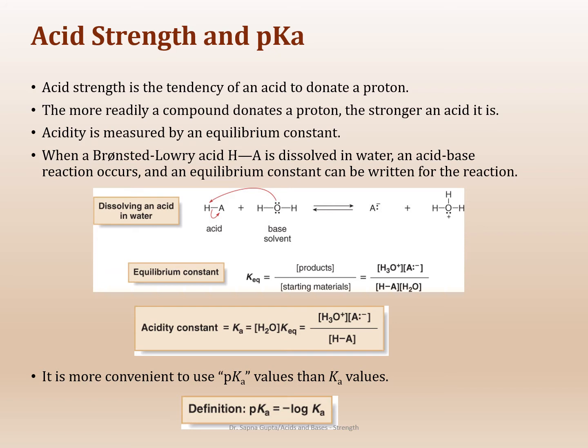And really for an acid-base reaction, the important thing is that the conjugate acid and the conjugate base that are produced will be weaker conjugate acids and weaker conjugate bases than the starting material. That is what the driving force of the reaction is. And so that's how we know that an acid-base reaction is taking place. So again, an acid-base reaction takes place only when the products are a weaker conjugate acid and a weaker conjugate base.